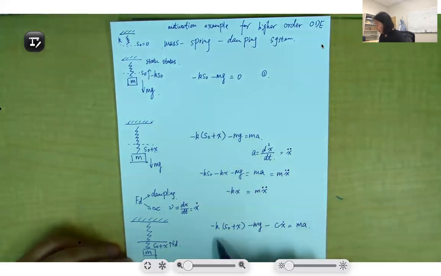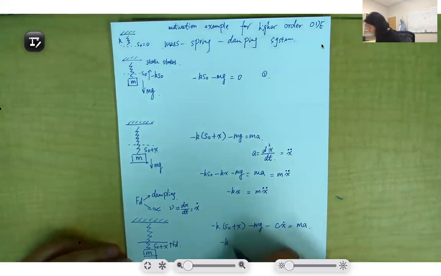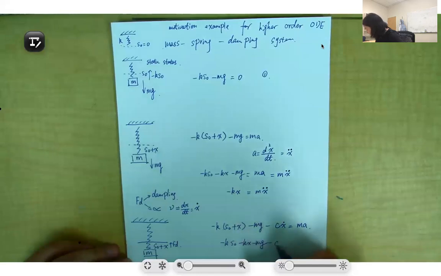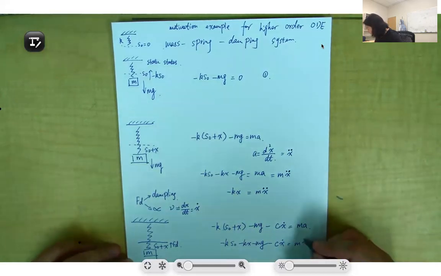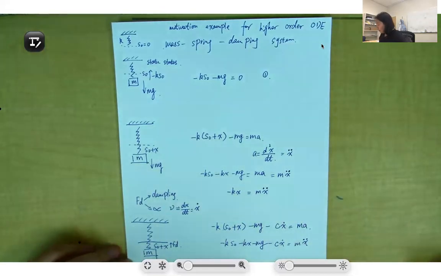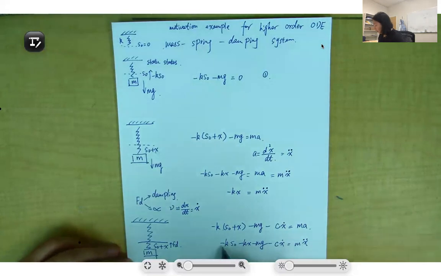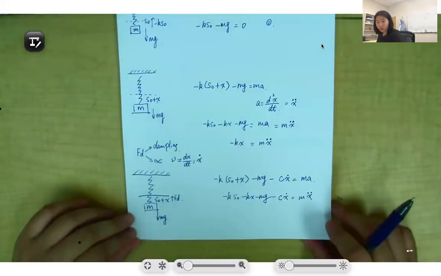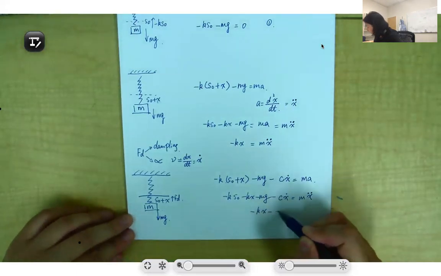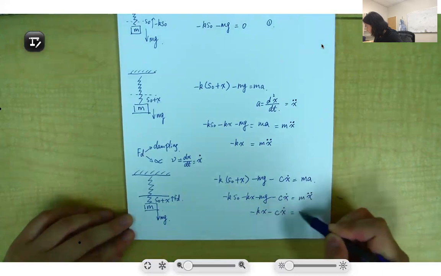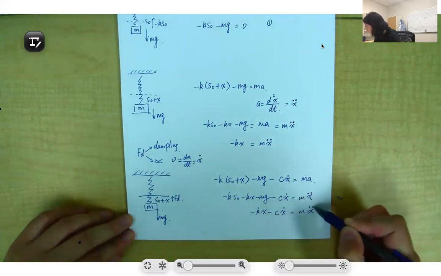And you can rewrite these equations: minus k s0 minus kx minus mg minus c x dot equals m x double dot. Then this part, minus k s0 minus mg, equals 0. So you get the final equation: minus kx minus c x dot equals m x double dot.